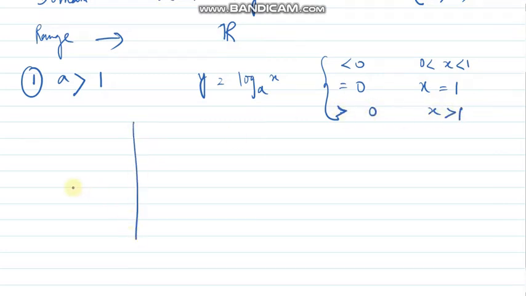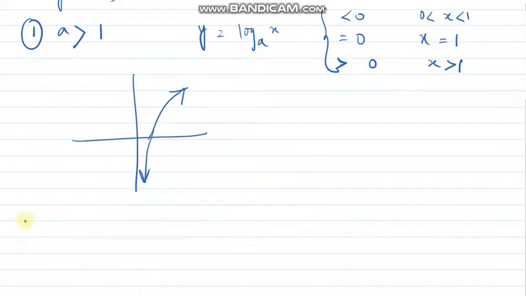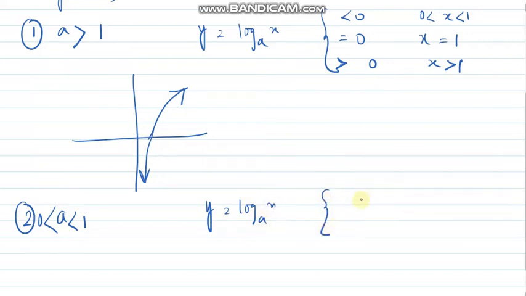If I draw the graph of this, the graph will look like this. Just put in values and you will understand. Now, further, if I proceed, the second case is a less than 1 but a greater than 0. The value of a should not be less than 0; it cannot be negative. Then y equals log x to the base a will be of three types.